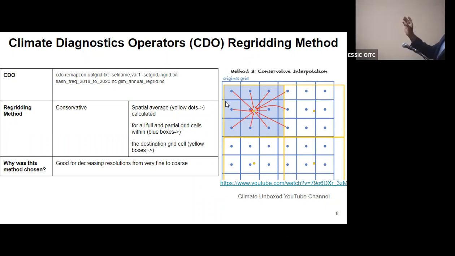So that's taking the spatial average of those fine grids down to the destination grid there. So that's conservative regridding. That was a necessary step in order to do the comparison.